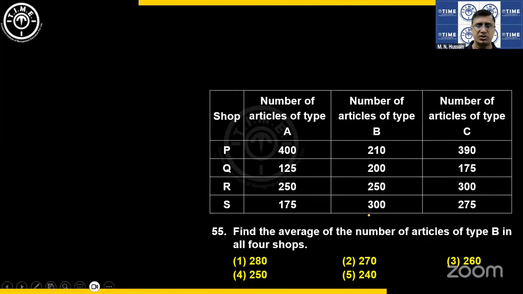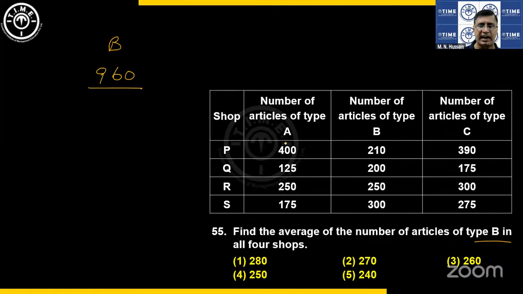Find the average of the number of articles of type B in all the 4 shops. So what to find? B to be found. Dear students, just add all these values. I'm adding last 2 digits of the given numbers. 10 plus 50, that is 60. 2 plus 2 plus 2, that is 6 plus 3, 9. So 960 is the sum.